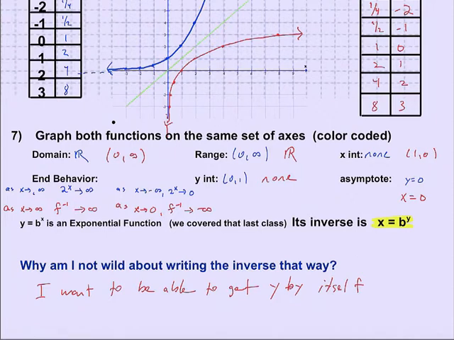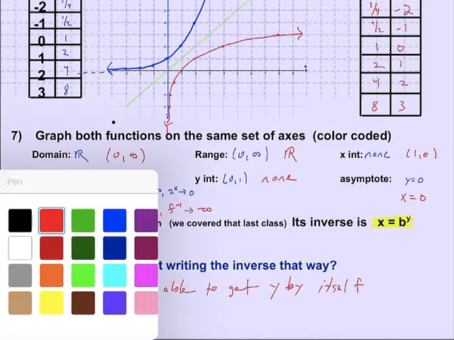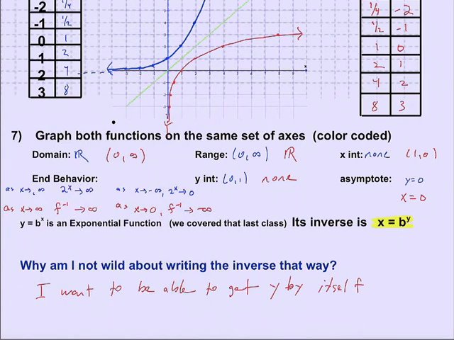And we've seen this before. If I had the function y equals x squared, that's the parent function for quadratics, and I take its inverse, x equals y squared, and if I wanted to undo that and get the y by itself, we know what to do. We have this thing called a square root that we can do to both sides.